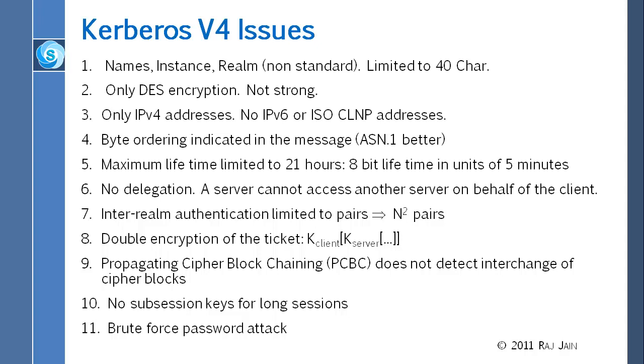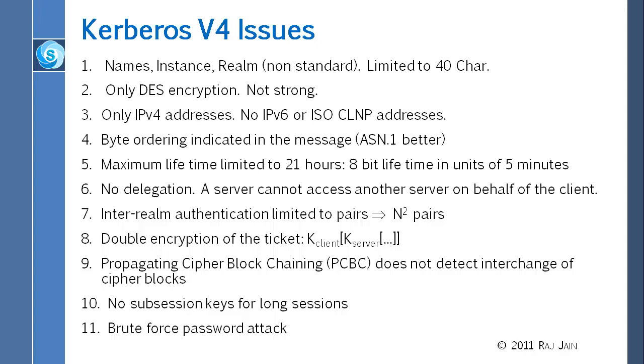Names should be encoded by ASN.1 because ASN.1 is designed for encoding names. And that is what is used in all other places for encoding names, such as in certificates. So that way you can use ASN.1. If you use ASN.1, then you can use any byte ordering.